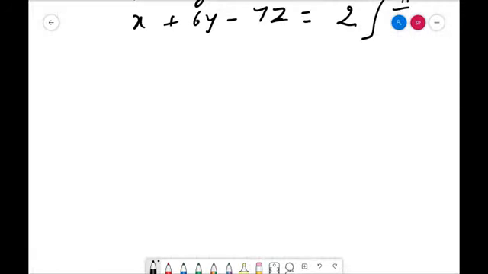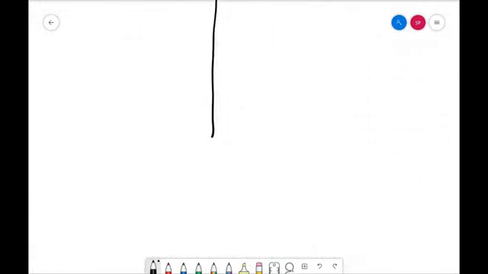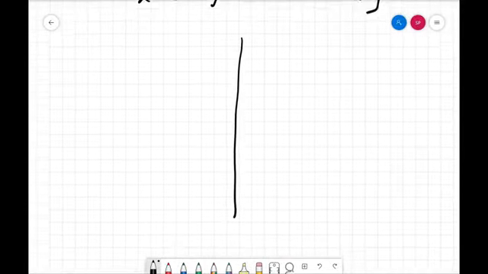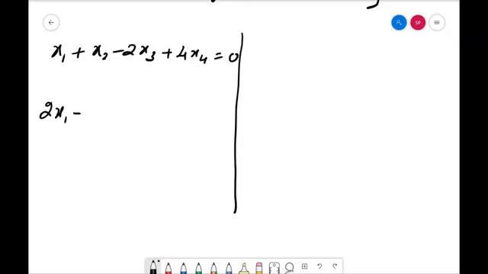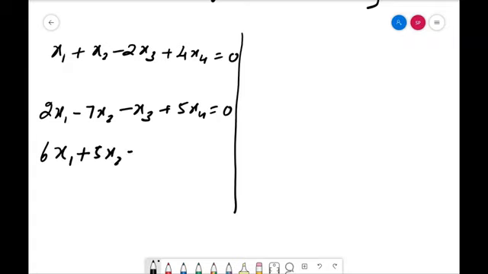So let me take here two systems. The first one, I'll have a set of equations like x1 plus x2 minus 2x3 plus 4x4 is equal to 0, 2x1 minus 7x2 minus x3 plus 5x4 is equal to 0, and then let me take 6x1 plus 5x2 minus 7x3 minus x4 is equal to 0.